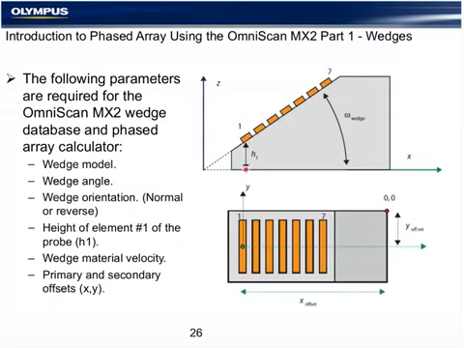The angle of the wedge, again, for shear wave or longitudinal, is defined. Those directly affect the beam formation and beam steering. There are also offset or position information, if known, so that the C scans and B scans and D scans display the data in relationship to the weld or the component correctly.